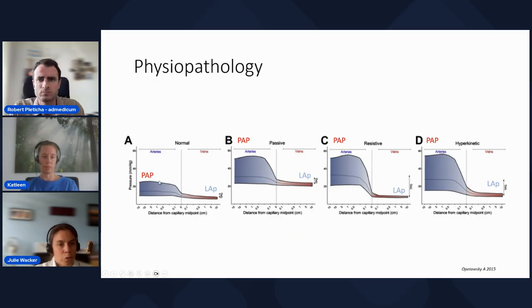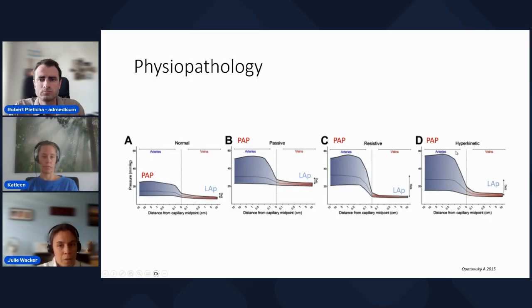This is just to give you an idea of the delta pressure across the pulmonary vasculature. We have the mean PA pressure on the left side of those situations and the left atrial pressure on the right side. You can see that in a normal situation, there is a slight drop of pressure across the pulmonary vasculature. But sometimes, and we'll see that in left-sided heart disease, there is an increase in the LA pressure and just a passive transmission of this increased pressure to the pulmonary arteries.